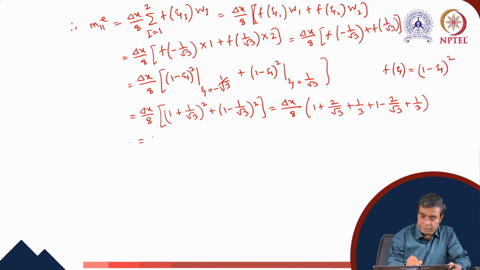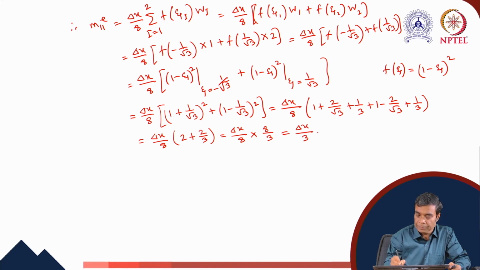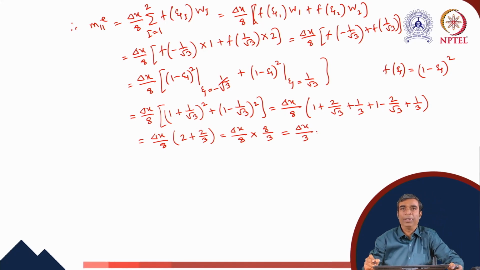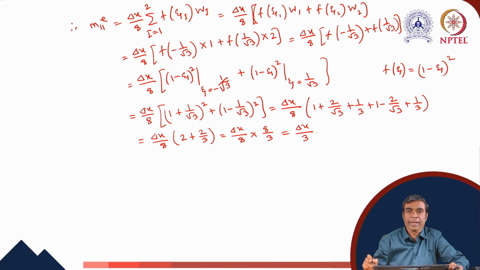So this becomes delta x by 8 into 2 plus 2 by 3 equals delta x by 8 into 8 by 3 equals delta x by 3. This value we have already obtained by exact integration in the natural coordinate system.